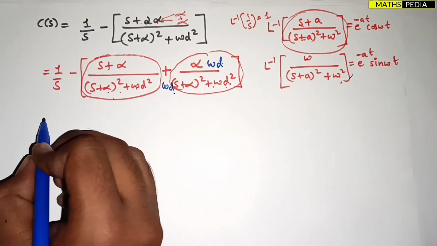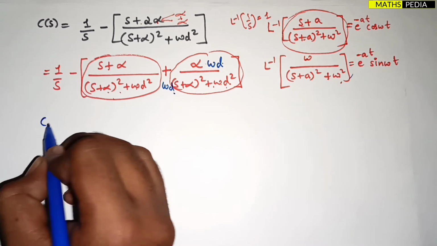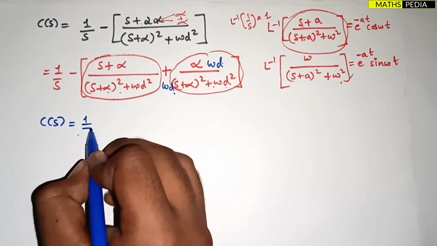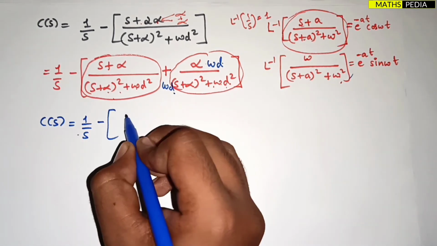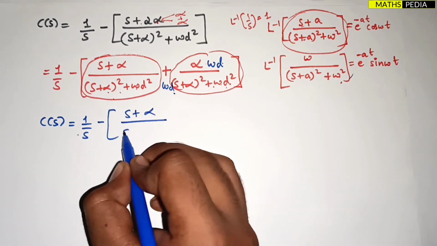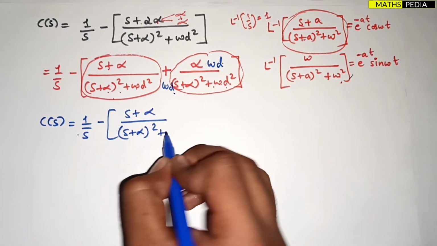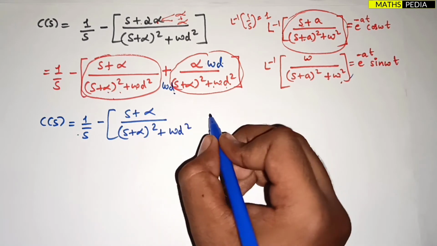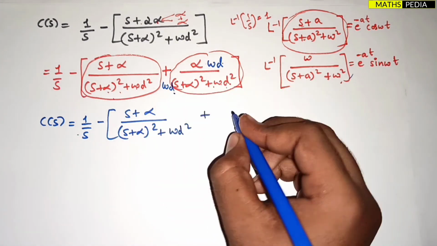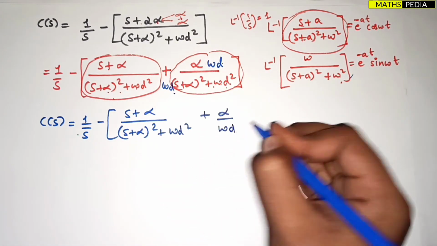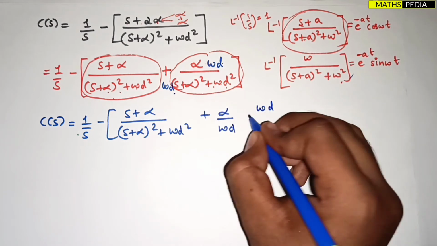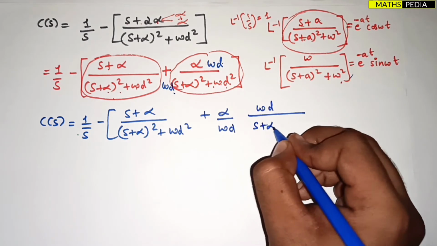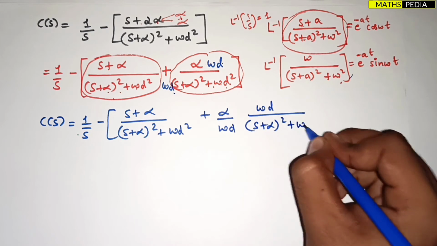So I'll rewrite again, C of s is equal to 1 by s minus (s plus alpha) by ((s plus alpha) the whole square plus omega d square) plus this alpha by omega d is extra, correct, into omega d by ((s plus alpha) the whole square plus omega d square).